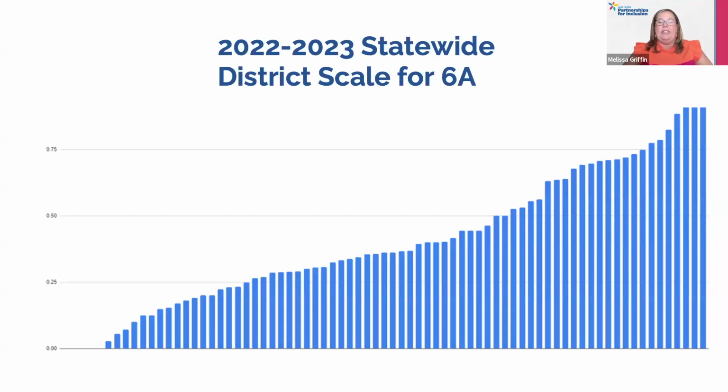If you're way down here at the beginning of our graph, thanks, Carrie, then you will see that that's hardly any. Our districts on the right side are actually bolstering up some of those districts. So there's a very big discrepancy across the state as to how districts are participating in 6A.